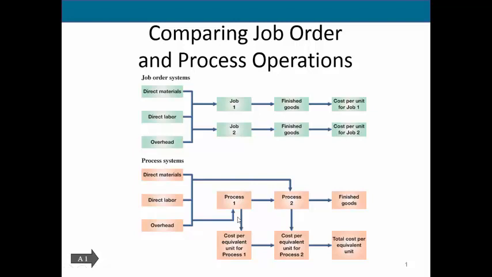So if we had 100 units in process 1 that are 50% complete, we would say that the equivalent complete units would be 50, because that's 100 units that are partially complete. How far are they? They are 50%. So 50% multiplied by 100 gives us the equivalent units.